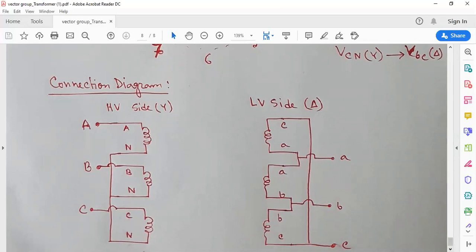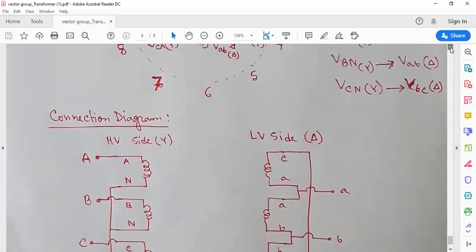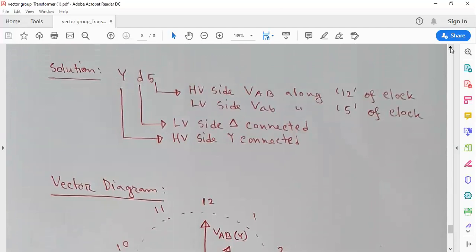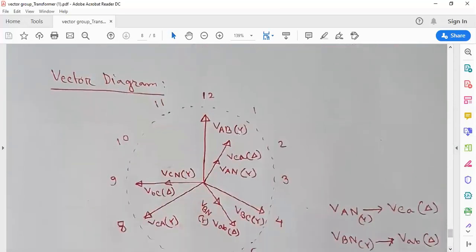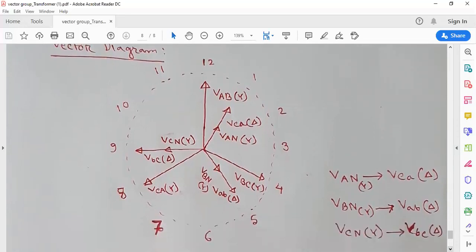Now, your assignment for today's class is to draw the YD5 vector diagram and connection diagram. Sometimes I can give you just the clock diagram, like these vector diagrams, not YD11 or YD12, and ask you to draw the connection diagram and the connection name.